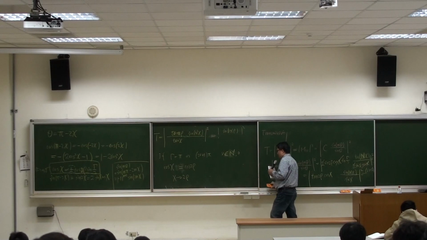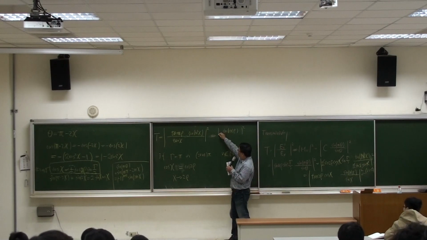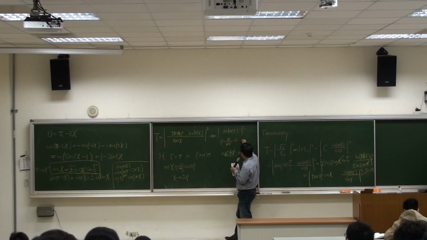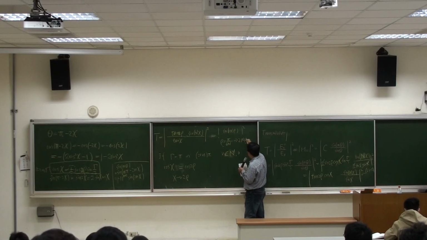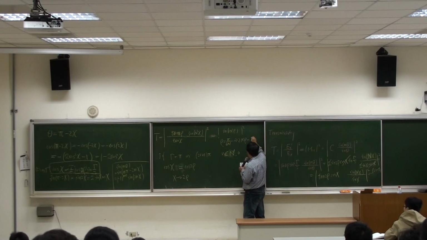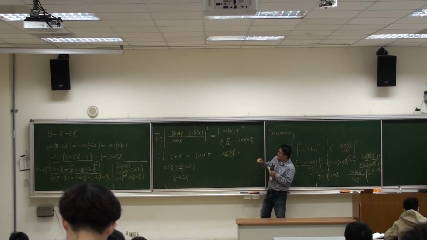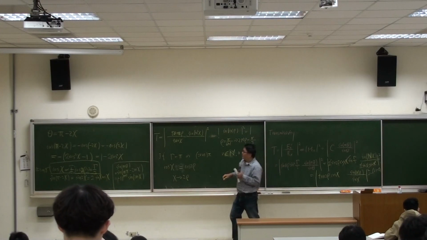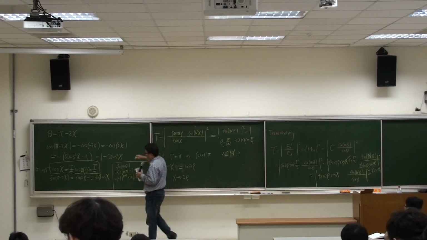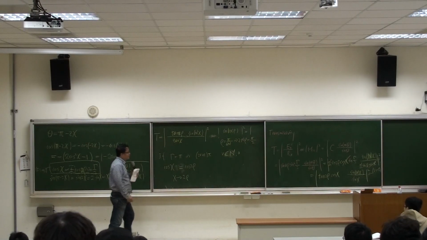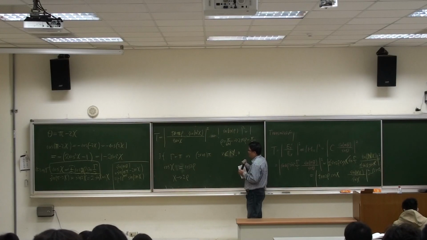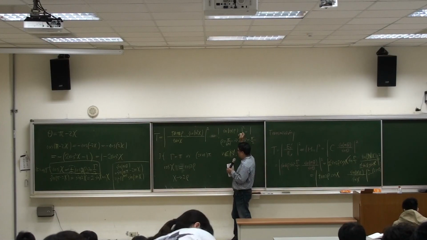So if rho is taken to be pi over 4n, then 2n rho is equal to half pi. Then you see that sine half pi gives 1. Okay, so you see that when gamma is equal to pi, we get transmissivity equal to 1.